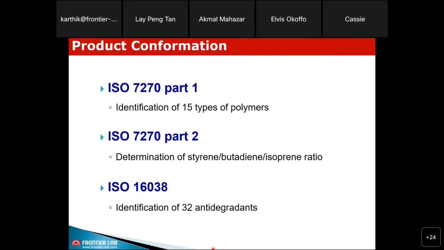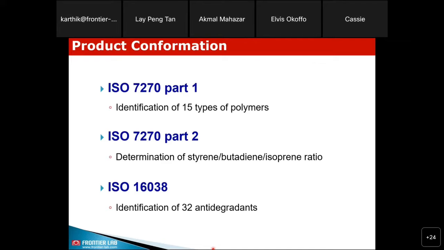Both are the same type of analysis, but the first one is more qualitative, and part two is for composition analysis of the blend. Then ISO 16038 is about identification of 32 anti-degradants. I will show one example again of how this is done.